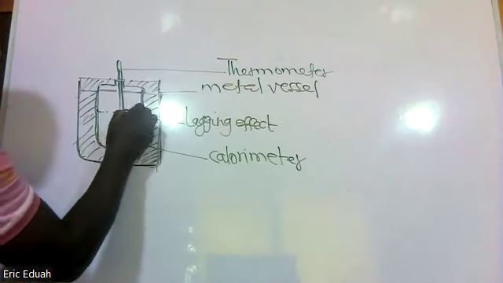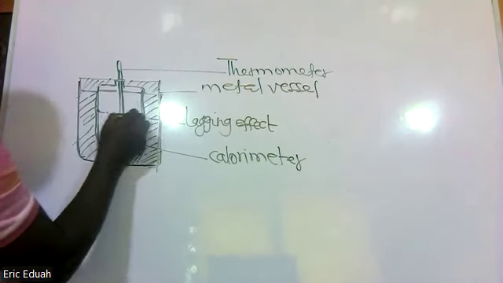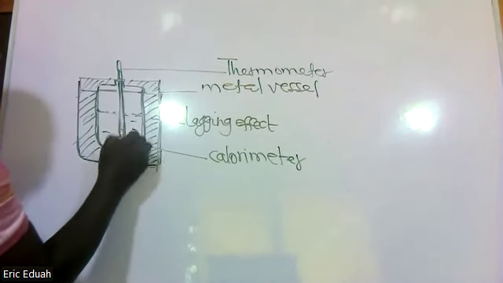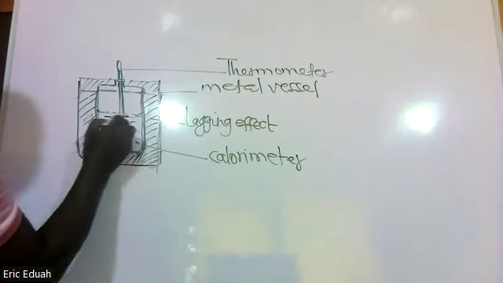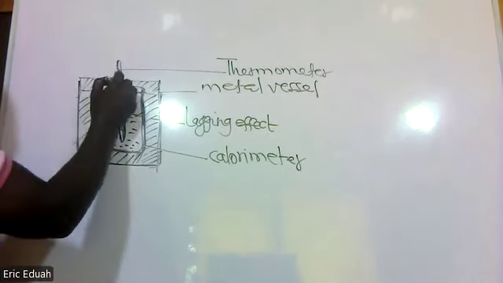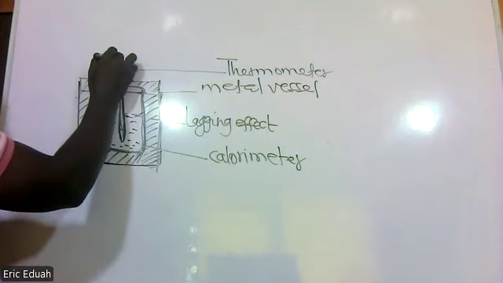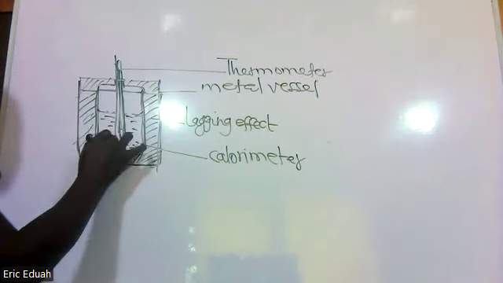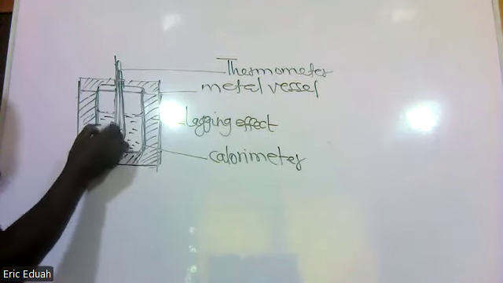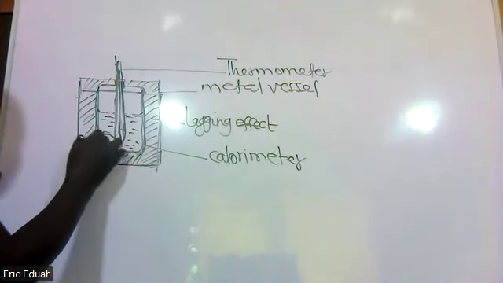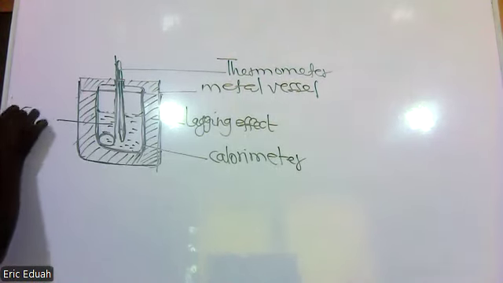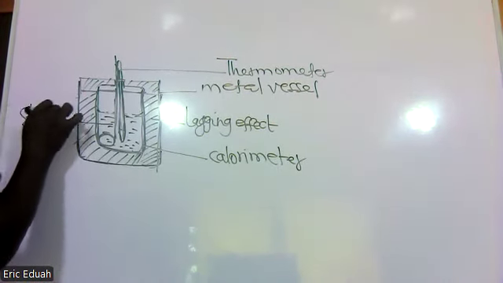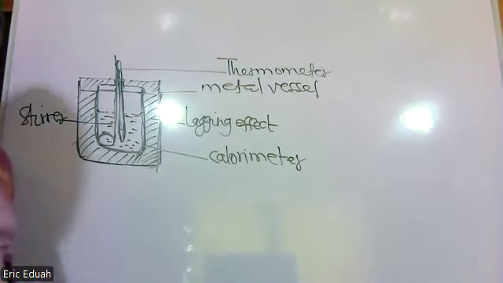So, assuming we want to determine the specific heat capacity of liquids, it is put into the calorimeter here, sometimes with a stirrer. So there is a stirrer here. This is how the calorimeter looks like.